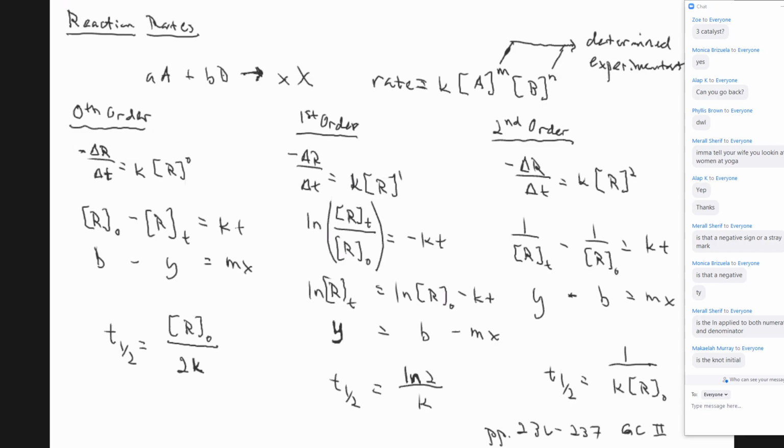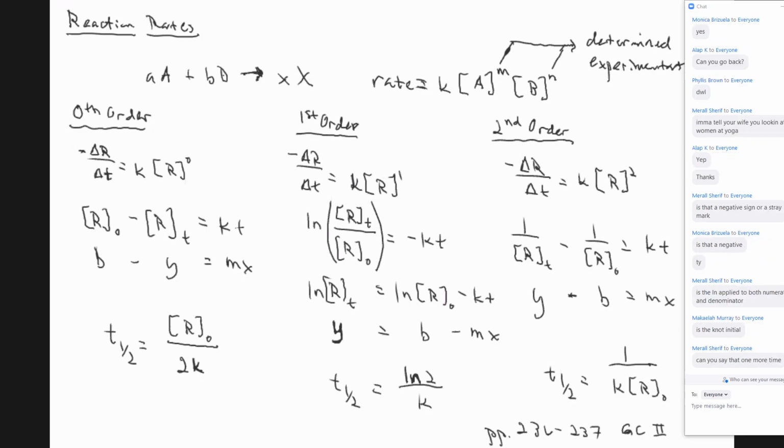And I love this graph on those two pages, because it breaks it down. For zero order, half-life is halved every subsequent half-life. So the first half-life would be t, the second would be t over 2, the third would be t over 4, and so on and so forth.